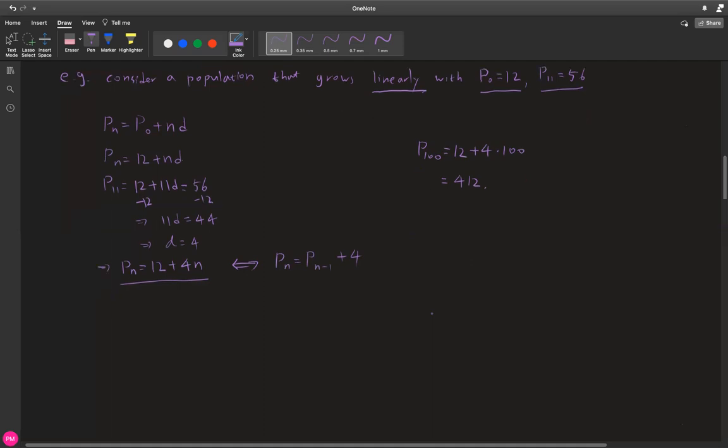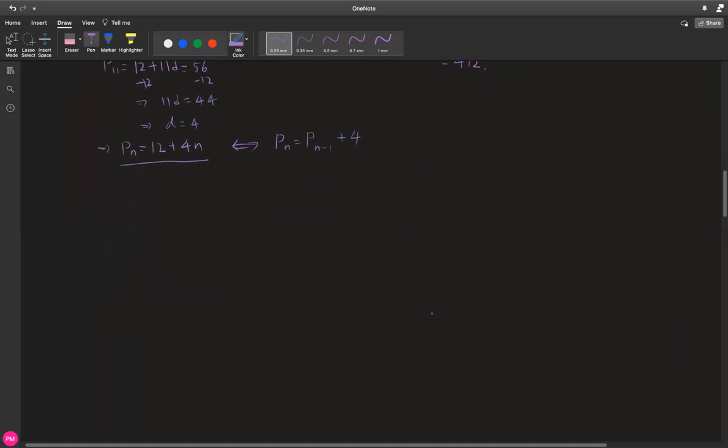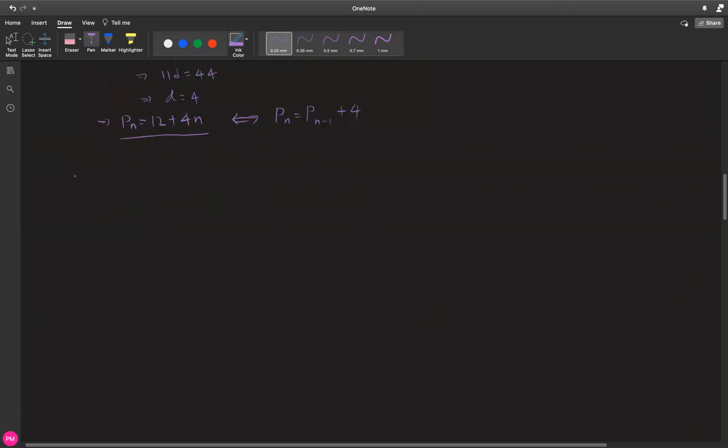Let's look at a word problem, a real life example.